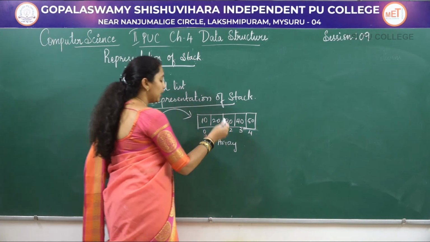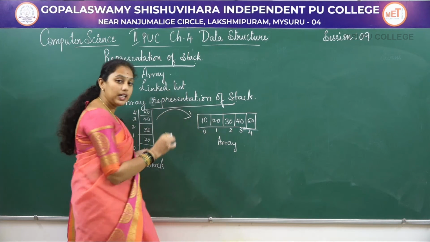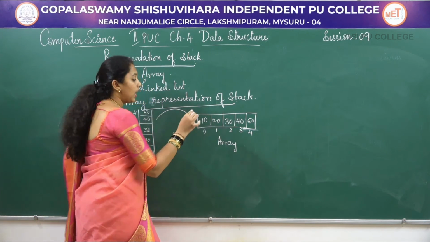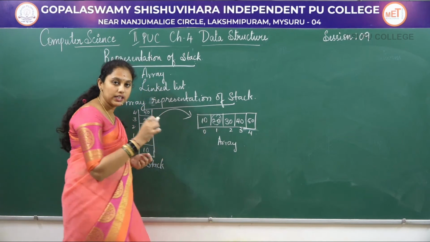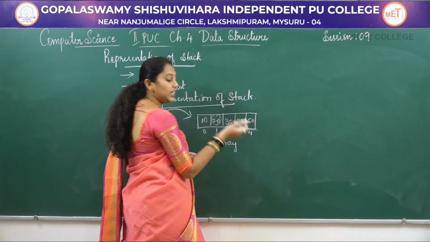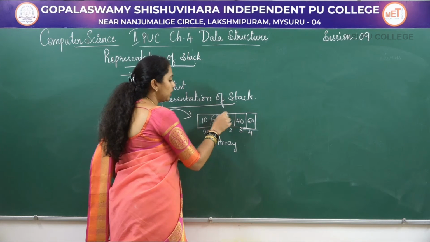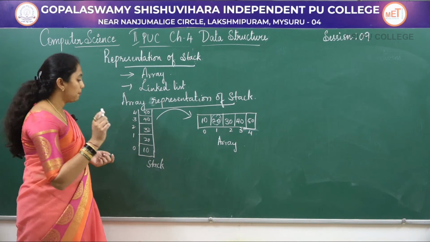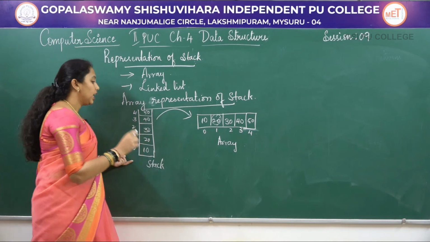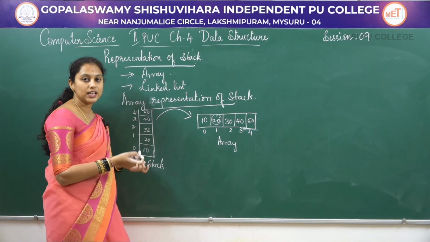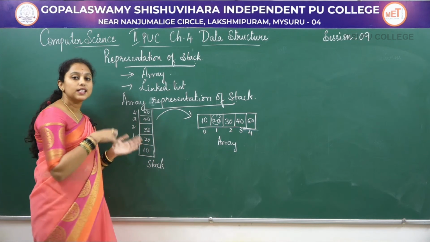In an array we can delete any item, that is, delete the 20th item directly from the array, or I can add any element into the array directly. But in a stack it is not possible to insert or delete an item in the middle of the stack.